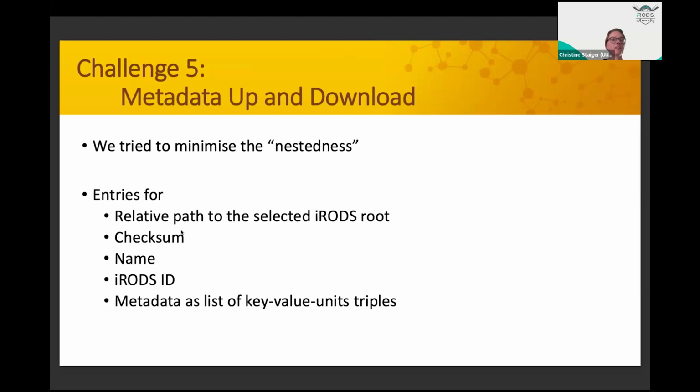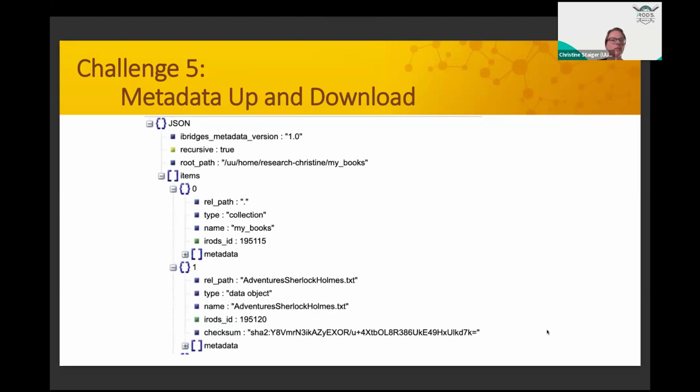Every entry in there has the relative path to the iRODS root collection for which you created the metadata. It contains the checksum in case of data objects, the name, the iRODS identifier, and a list of metadata key-value-unit triples. And this is how it looks right now.